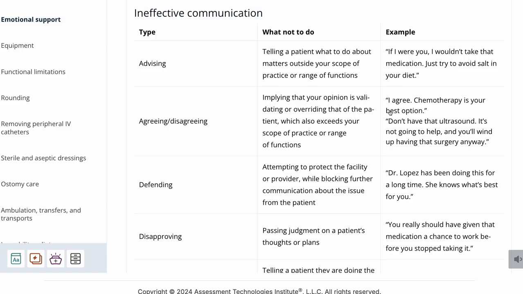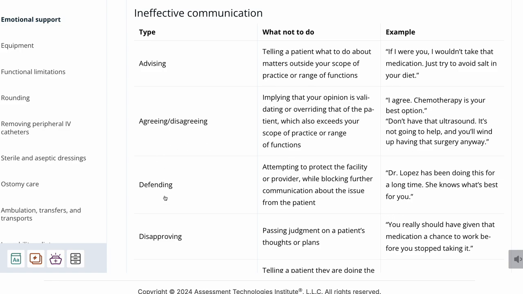You shouldn't tell them I agree with what you're doing or I don't think you should do that. I think you should do this instead. We don't want to do that. We can say things instead like, I see that you are a little unsure about the choice you should make. Am I correct? Okay, then let me get someone to talk to you about that, right? We don't want to tell them.